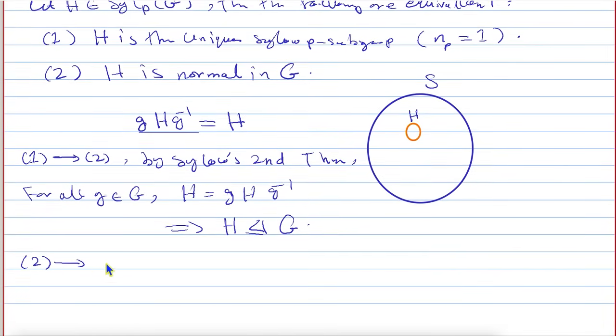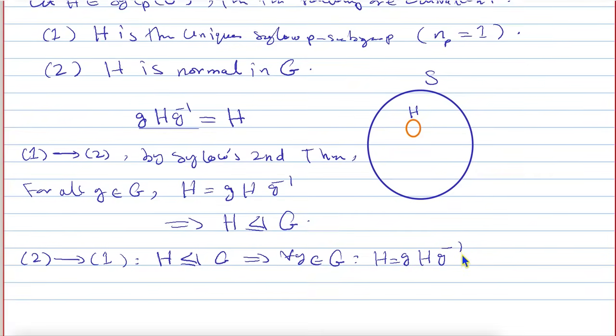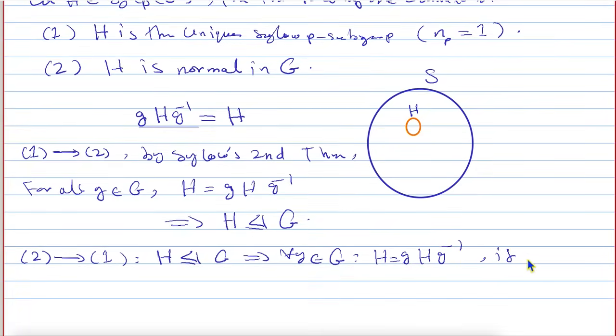And the other direction is also clear. If we start from H being normal in G, then for all little g in G, we have H equals gHg inverse. But this means if we take any other Q assumed to be a Sylow p subgroup, then Q must be conjugate to H by Sylow's second theorem.